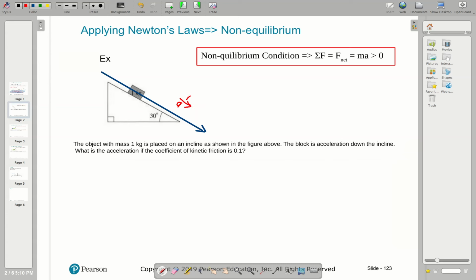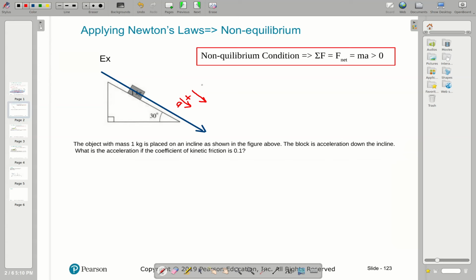It happens to be the positive direction, right direction I chose before, but it doesn't have to be. In this context, Fnet equals ma context, we will always take the direction of acceleration to be positive. If it was in the other direction, I would take that to be positive. Okay, so my acceleration will always be positive again.